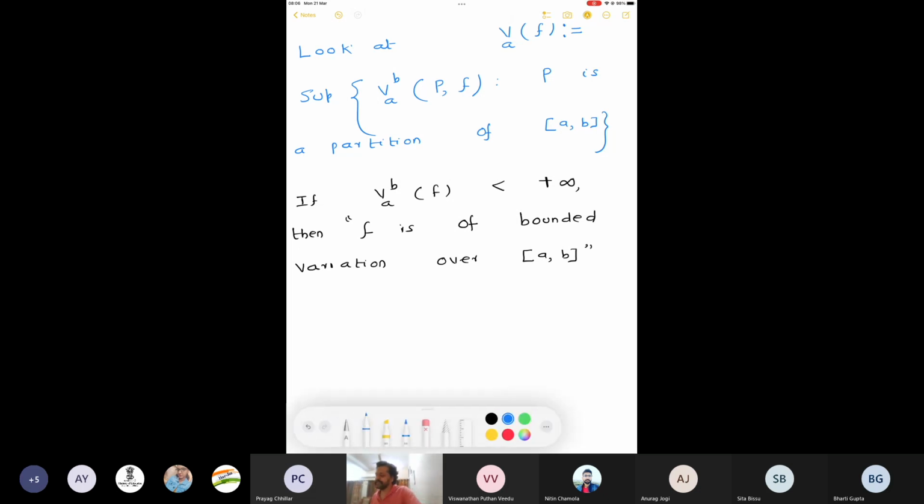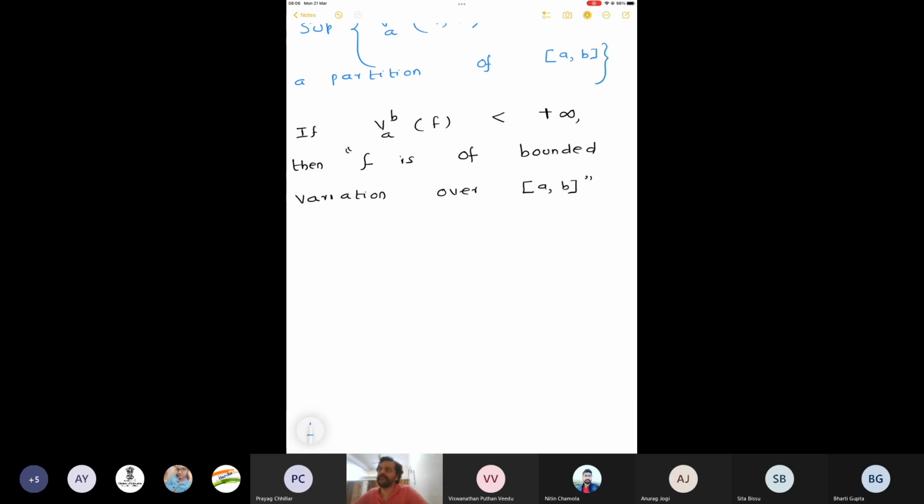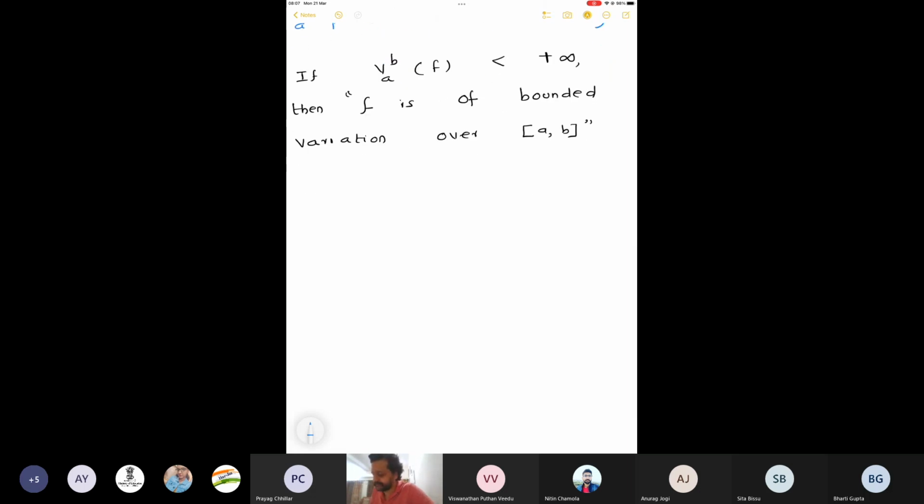And we have seen certain properties of functions of bounded variation. For instance, we have seen that a function of bounded variation is necessarily bounded. Let us continue to collect a few more basic facts about functions of bounded variation. So, some more facts.